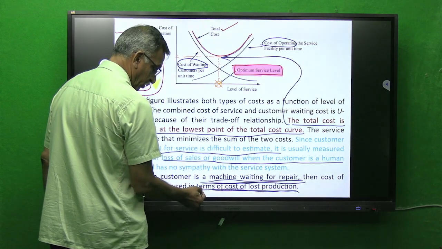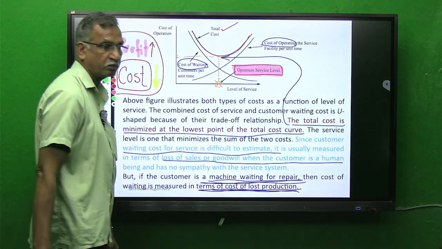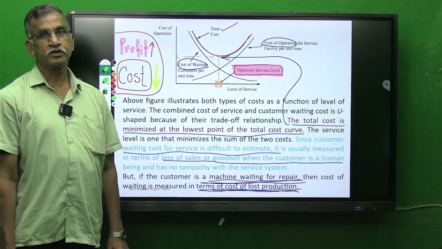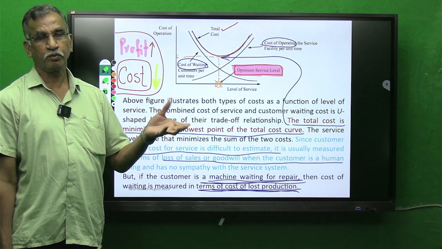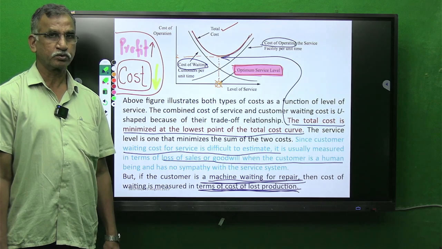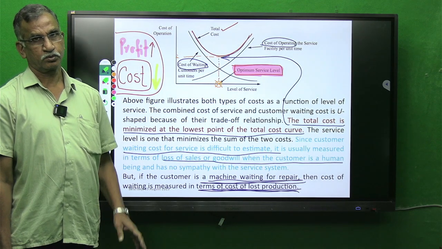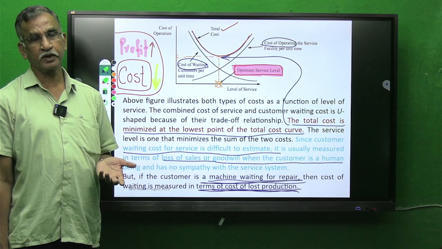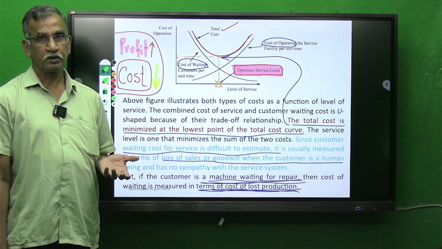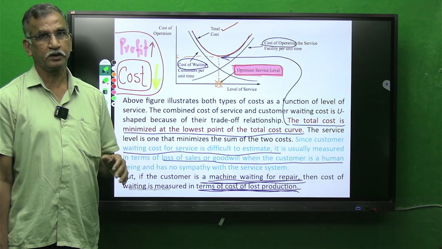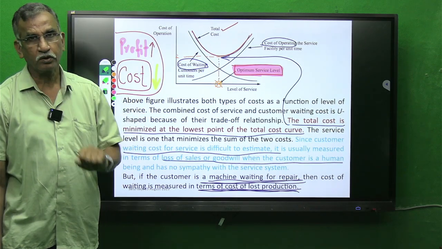If you are not repairing your machine within scheduled time, the machine will not be put to work for production, and that will be a direct loss to the organization. So waiting time applies to both, a living entity, that is a customer, or a physical entity in the form of material or machine.